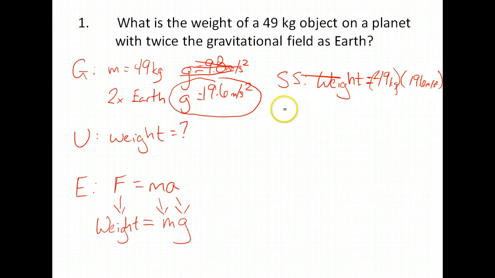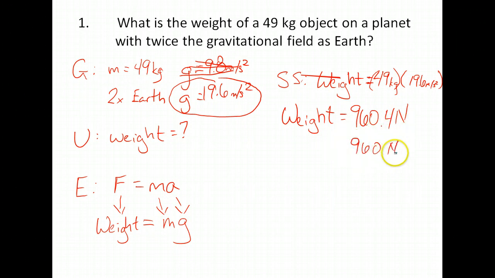Alright, so then we're going to multiply those two things. When we multiply those two numbers, we get our weight being equal to 960.4 newtons. Now, if we pay attention to significant figures, it would probably be 960 newtons here.